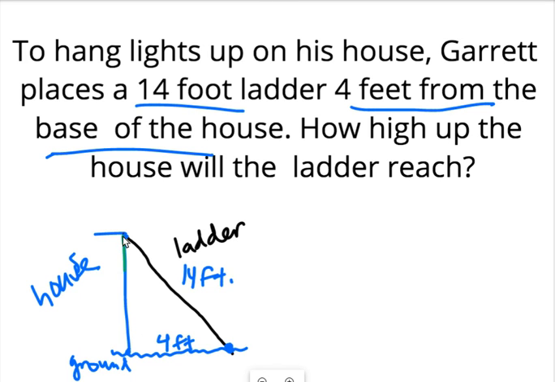What we have here is we end up with a right triangle where my hypotenuse is 14 feet, one of my legs is 4, and I don't know the other leg. Call it A or B. Doesn't matter. Those are your setups. Now go use the Pythagorean theorem to find your answers.